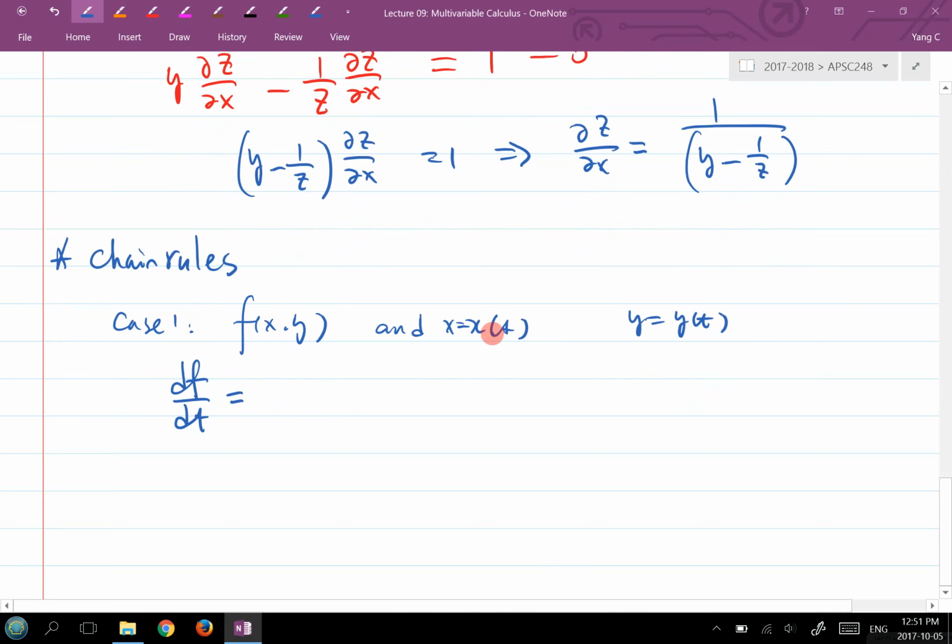If you substitute x of t and y of t into the function, then f ultimately is just a function of t, so you can write it as df over dt.